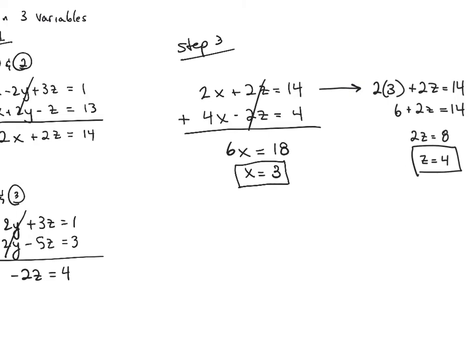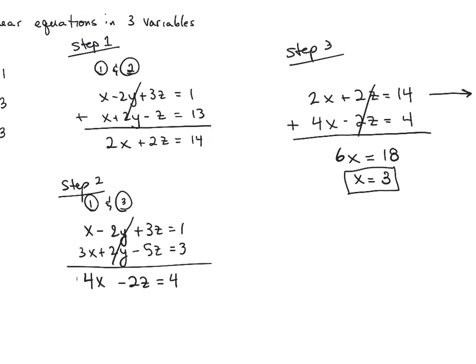Now that you have the value of two of the variables, now you can go to one of the original equations that had 3 variables. This one here, for example, and you could make the appropriate substitutions. 3 times x becomes 3 times 3 because x is equal to 3. We don't know y at this point, so we leave that as 2 times y.